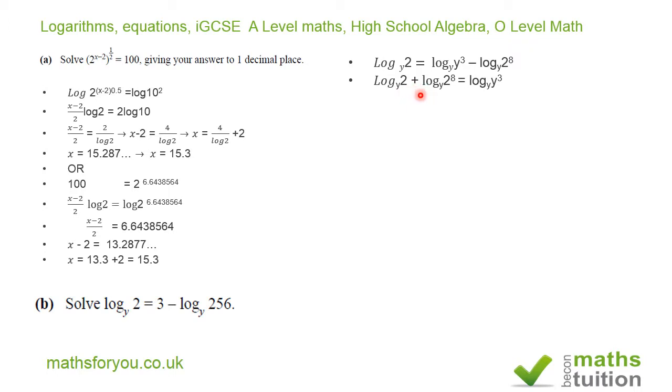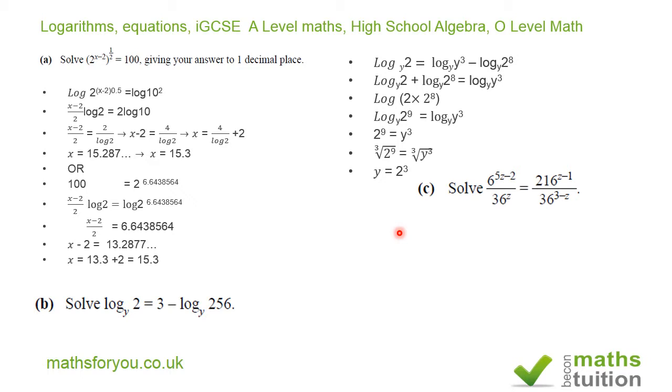And because we're adding here, we can write this down as log of 2 times 2 to the power 8, which is 2 to the power 9, and that's equal to log y cubed. So now we can equate 2 to the power 9 to y cubed. If we now take the cube roots of both sides, we end up with y is equal to 2 to the power 3. That means y is 8, because 2 cubed is 8.